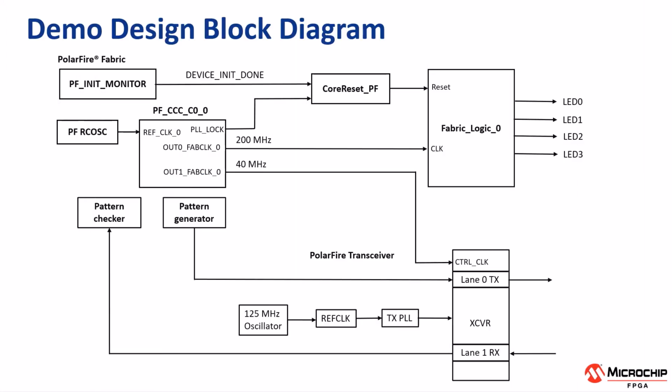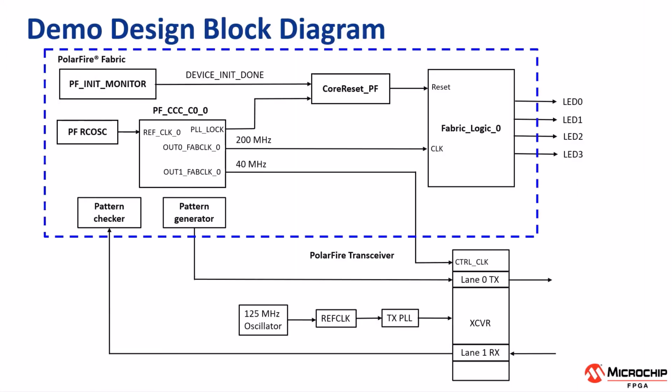Let's look at the design I'll be using with the Microchip Power Estimator. The demo design consists of an FPGA fabric logic block and a transceiver block. The FPGA fabric block contains an array of 18 by 18 multipliers, logic that writes and reads RAM blocks, and logic that drives LEDs on the board.